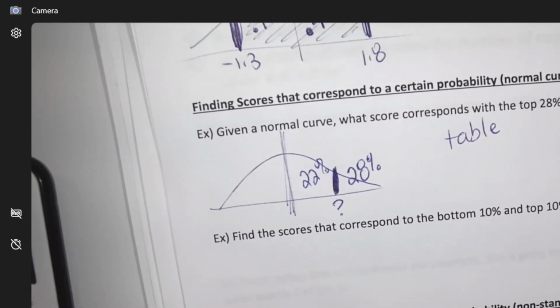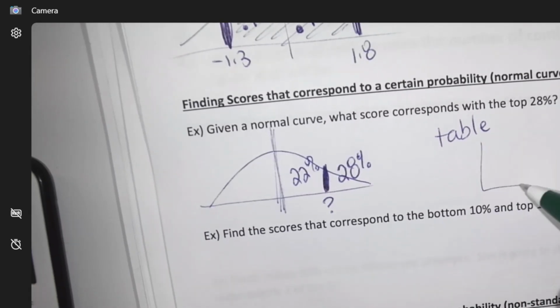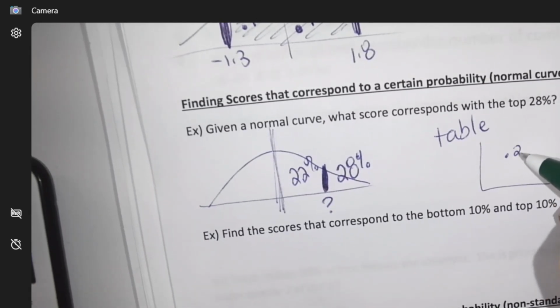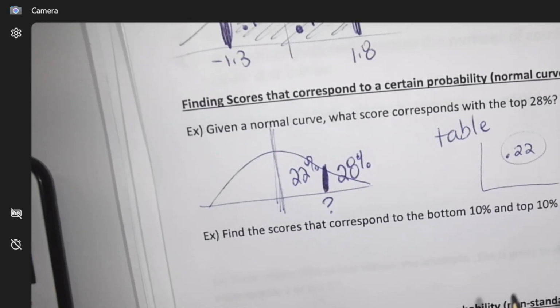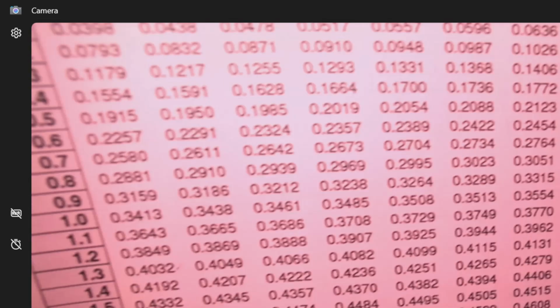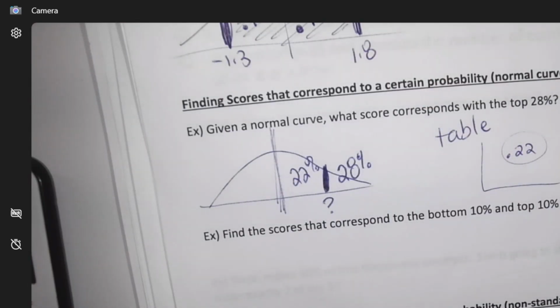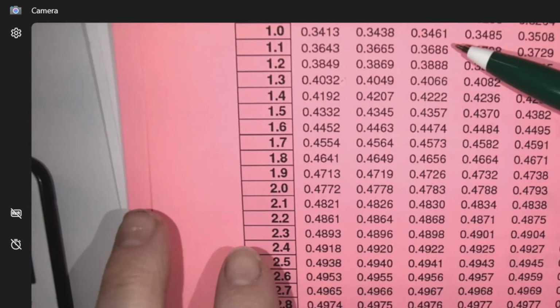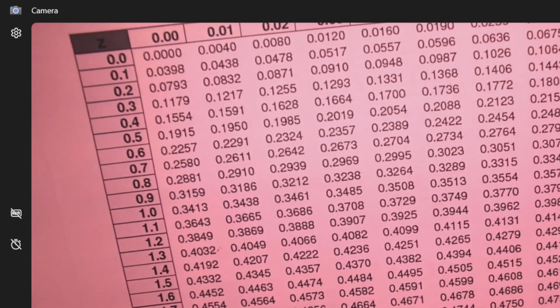Okay, so I'm going to go to my table, looking for something that has a 0.22 or close to it. So I'm not looking at a z-score of 0.22. I'm looking for these numbers over here to be percents.